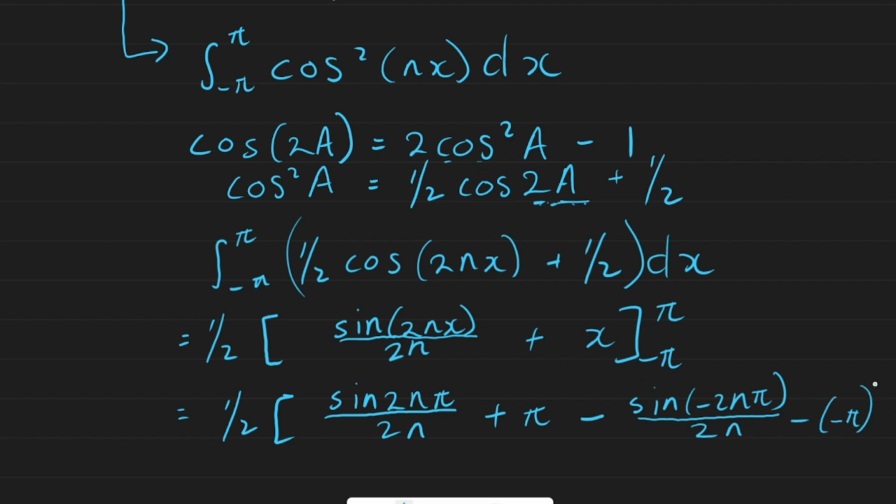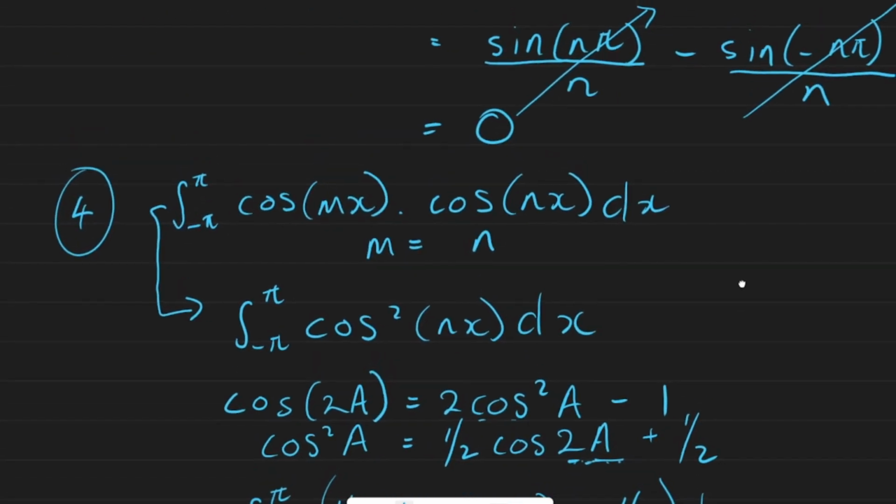So this just becomes plus pi, basically. Sine of 2n pi is 0, so that term becomes 0. This term is also 0. Sine of minus 2n pi is also 0. So then we have pi plus pi gives us 2 pi. Then 2 pi multiplied by a half just gives us pi. So what we have is that if we integrate cos mx times cos nx, where m is equal to n, what this gives us is pi.